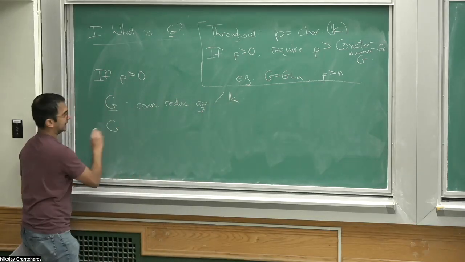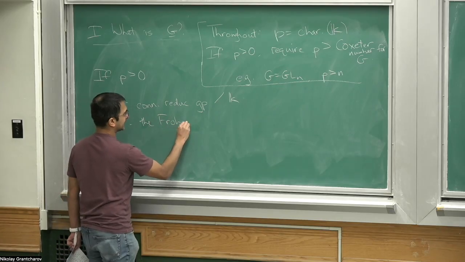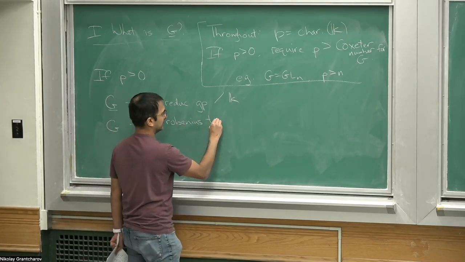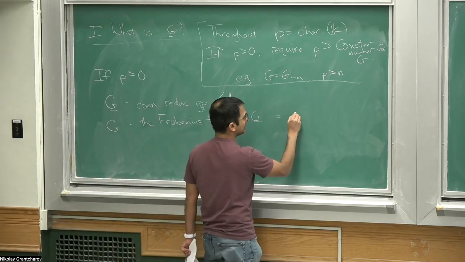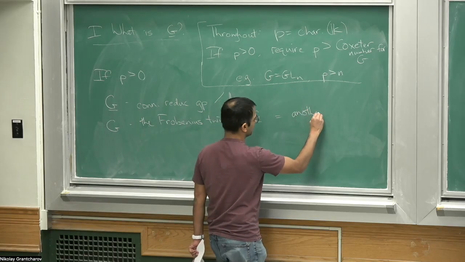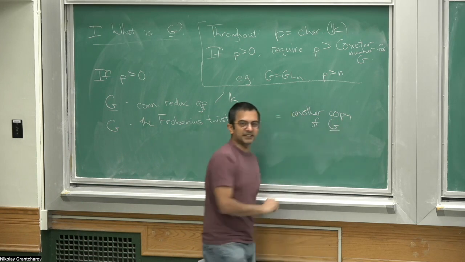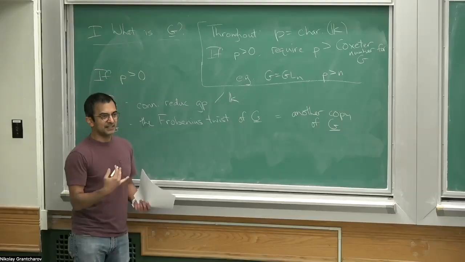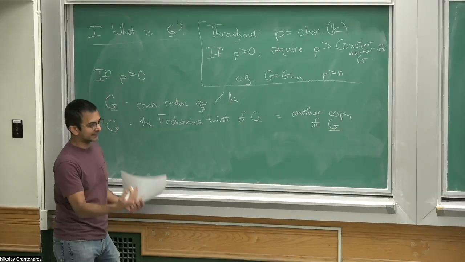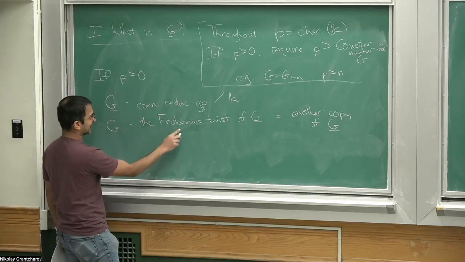And then plain G without an underline is the Frobenius twist of G underline, which is actually just another copy of the same group. But they're going to play different roles, and it's going to be convenient to have different letters for these two copies of G because they do different things.